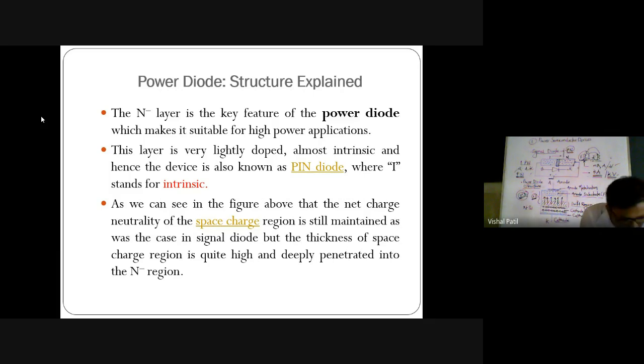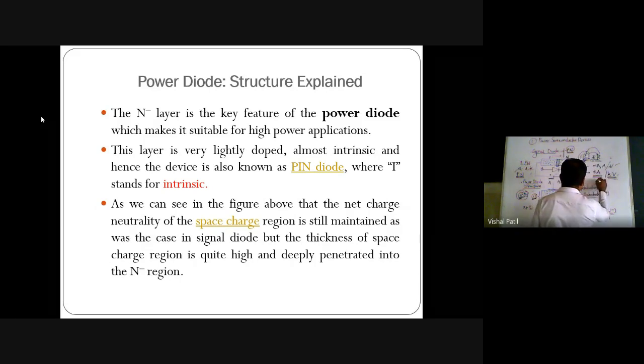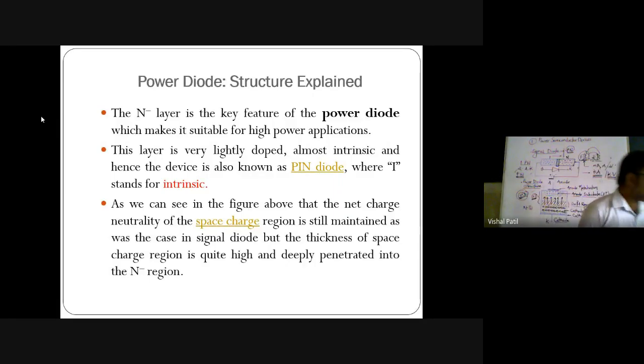So the layer is lightly doped, almost intrinsic, and hence the device is also known as PIN diode. Sometimes power diodes are also known as PIN diodes.